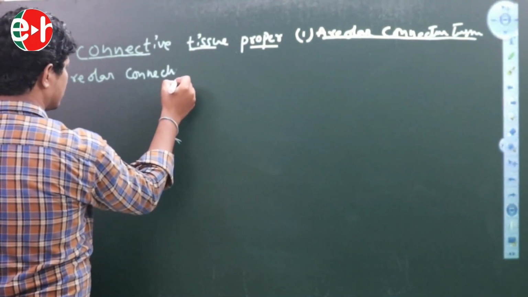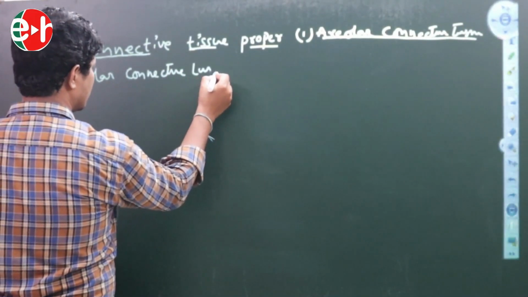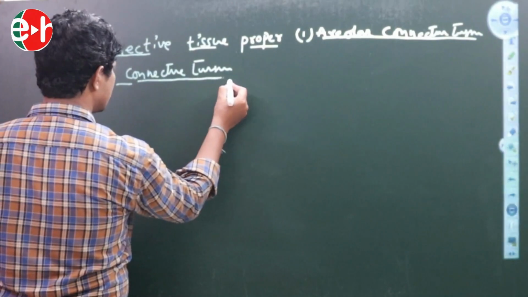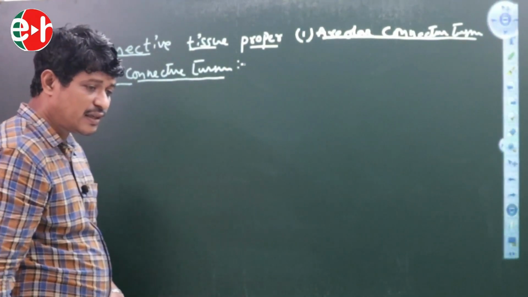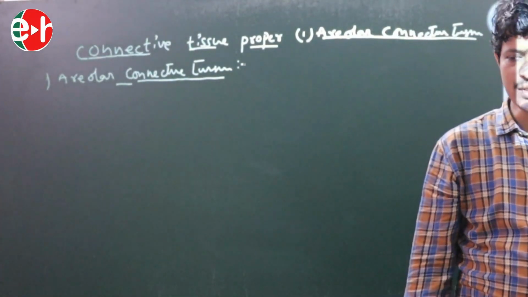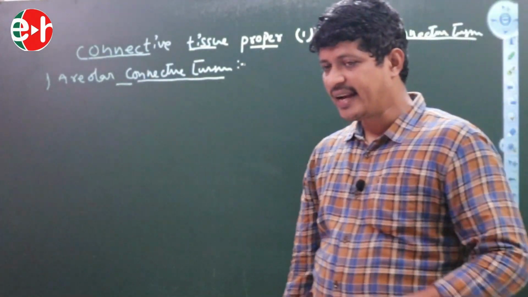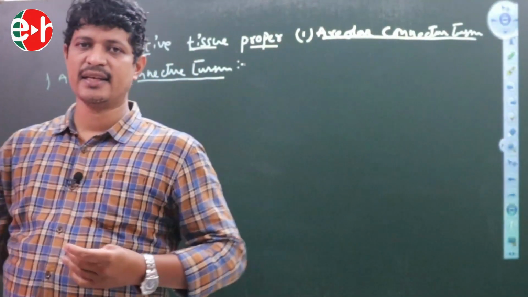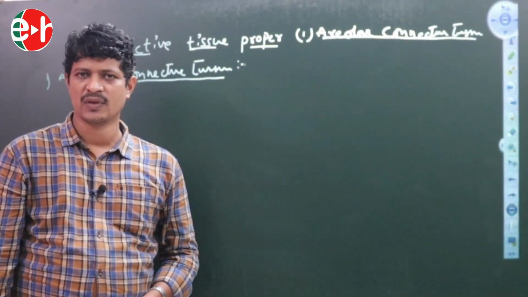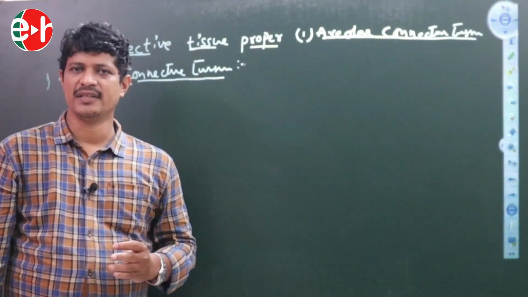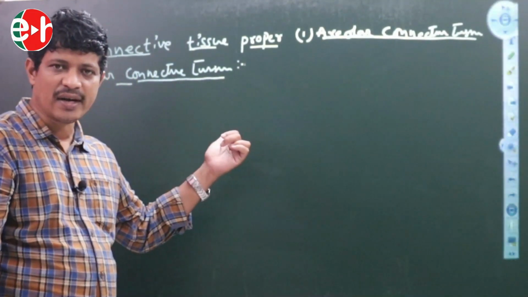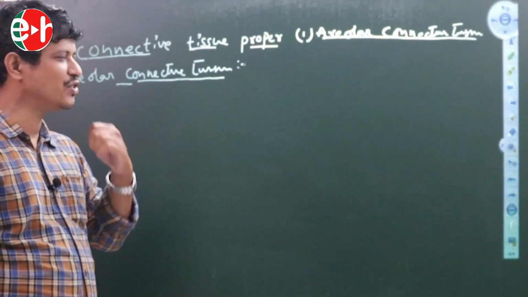The tissue which helps in packing of substances, connects one tissue with another tissue, helps in circulation of materials from one place to another place and gives a framework to the body, that tissue is called areolar connective tissue.